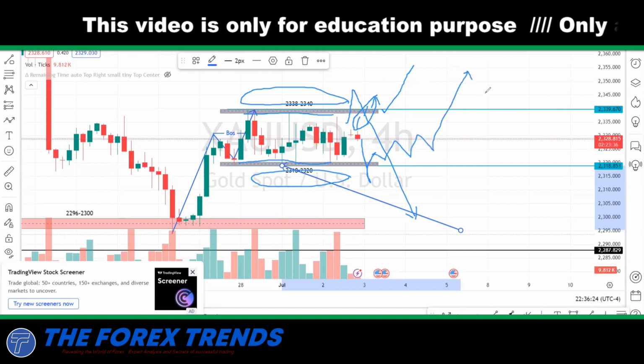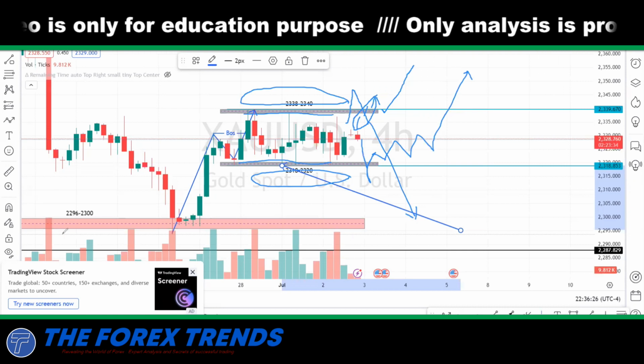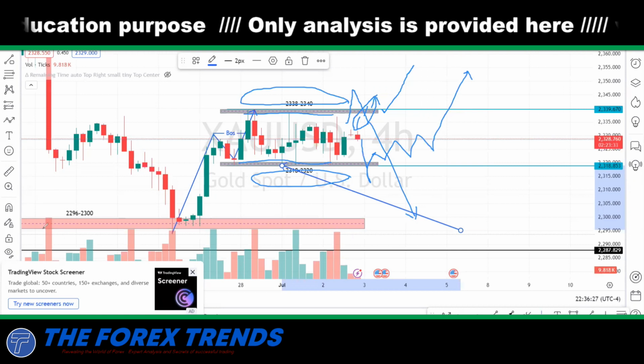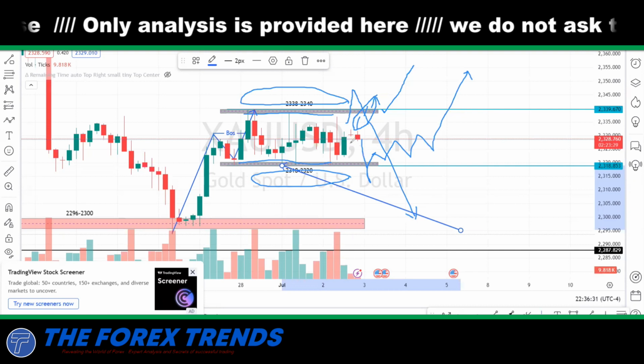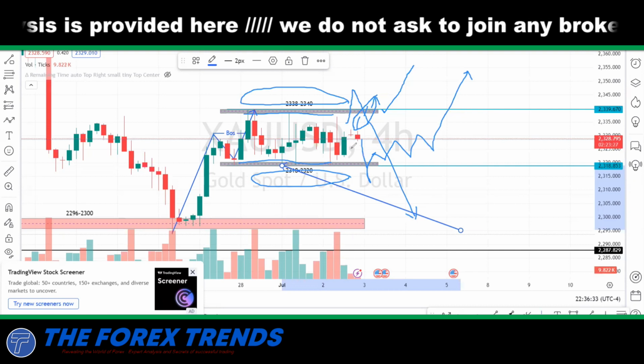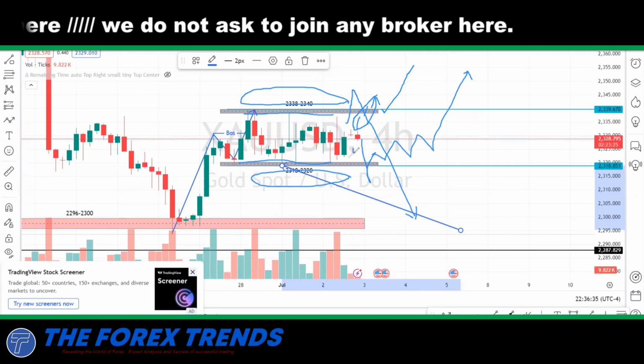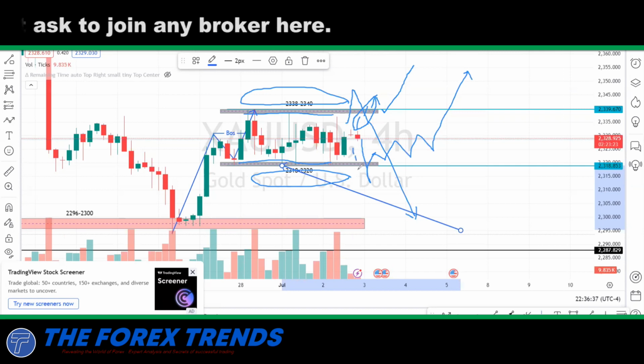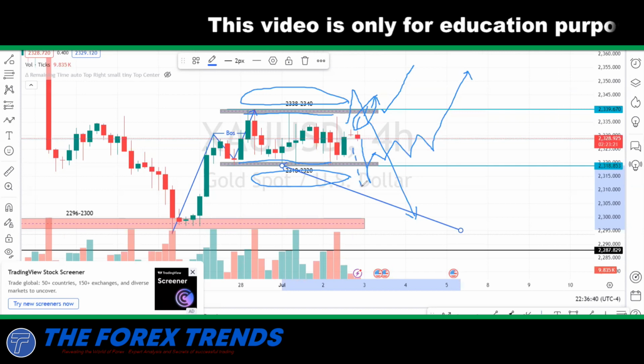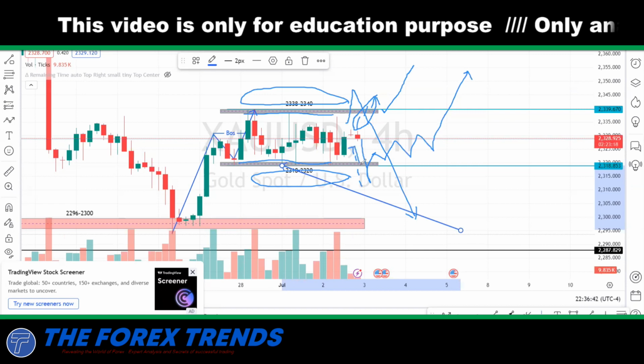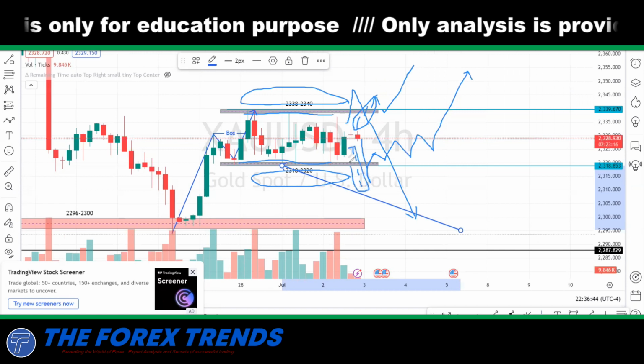So mind this thing. If we see the breakout happening with momentum candles in 30 minutes or 15 minutes, the market creating huge candles, Marubozu type candles continuously, that means this breakout is an original breakout.